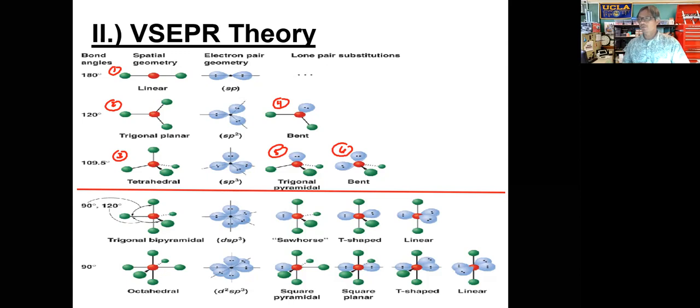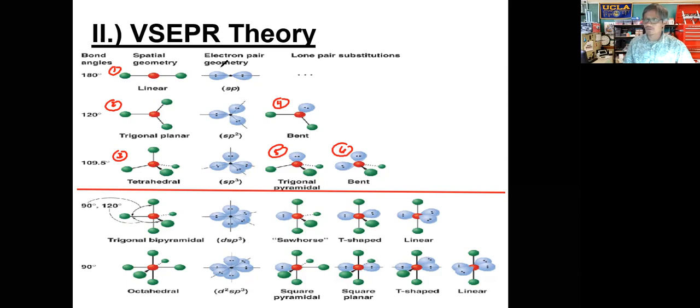So how do we relate the electron geometry to the hybridization of a particular atom? That's what I want to finish up with here. If we take a look at the electron geometry here, we have two electron domains.